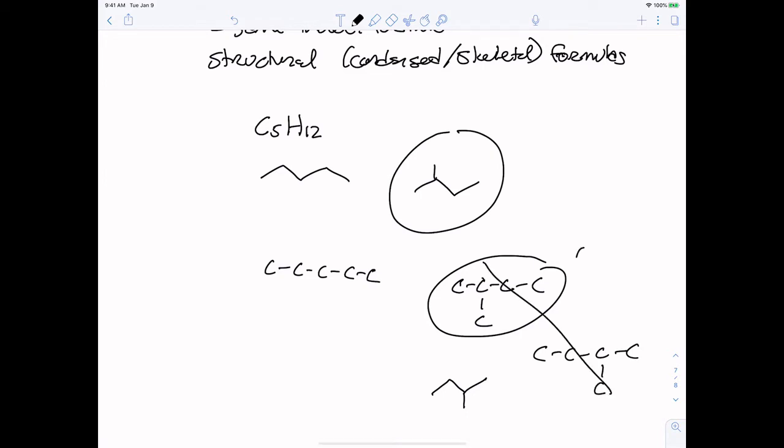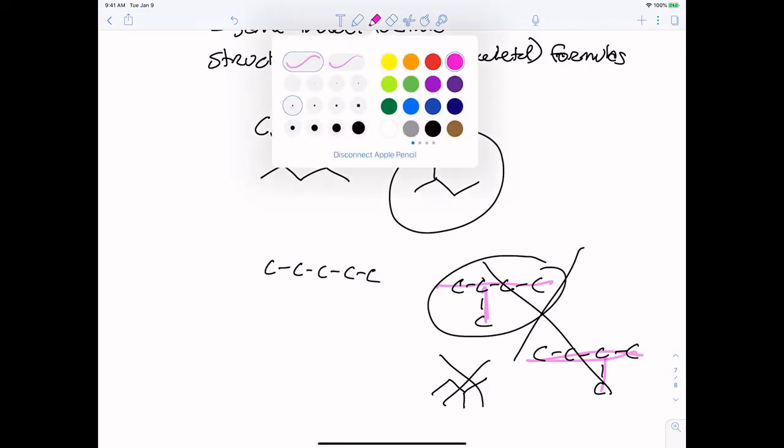These are not isomers of each other. They are the same molecule. Remember, isomers have to be different, right? I have 4 carbons with a branch on the second carbon. 4 carbons with a branch on the second carbon. We're just counting from the opposite direction. So do be careful for that.